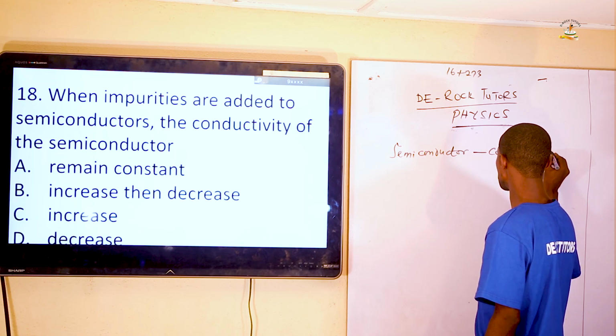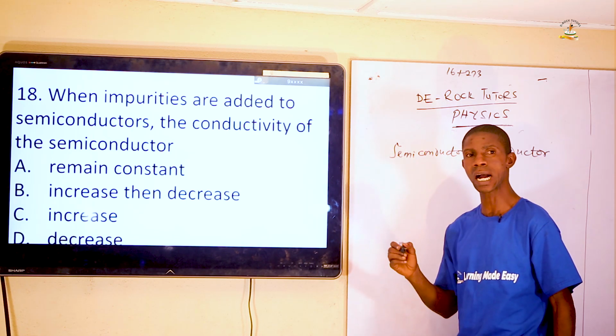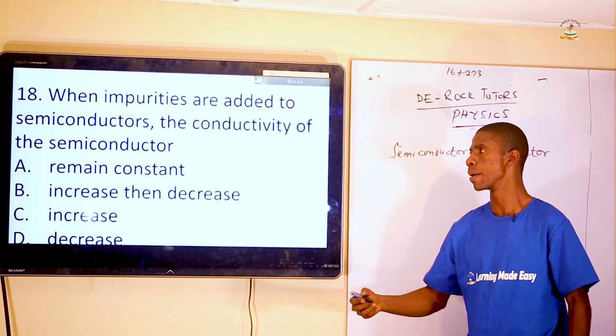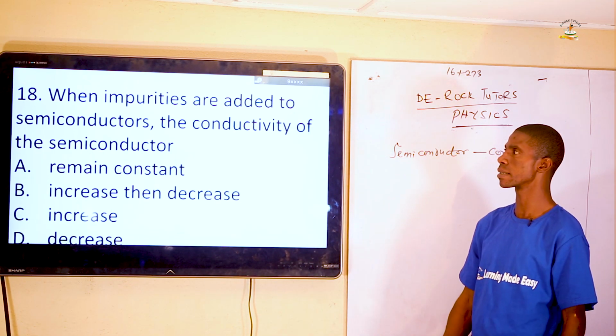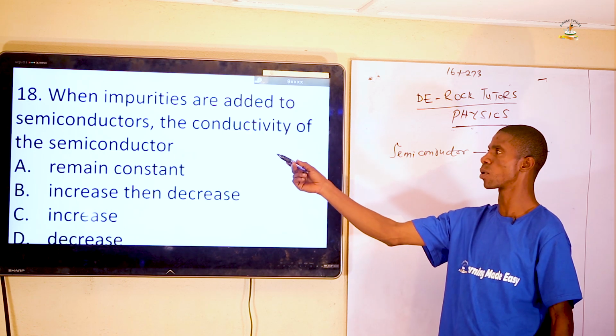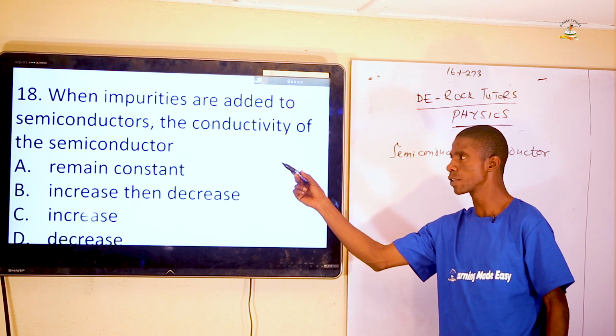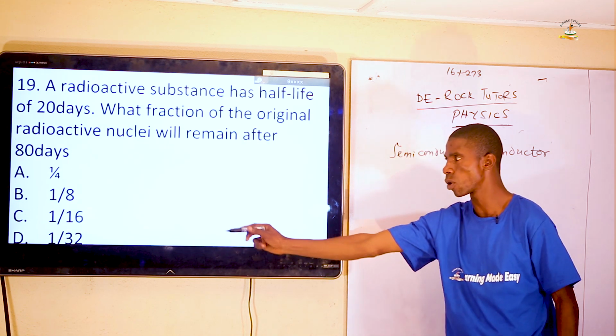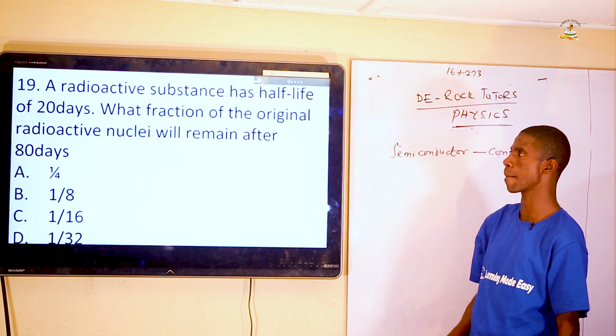In the case of adding impurity to it, we are increasing the conductivity of such a material. So when impurities are added to a semiconductor, the conductivity increases. Option C is the answer.